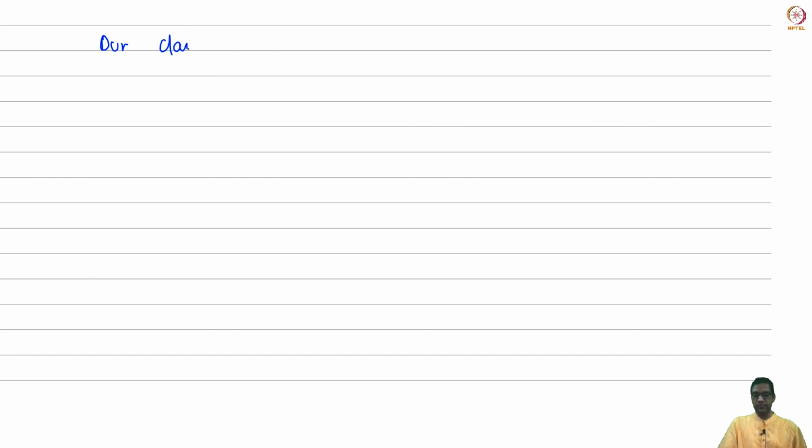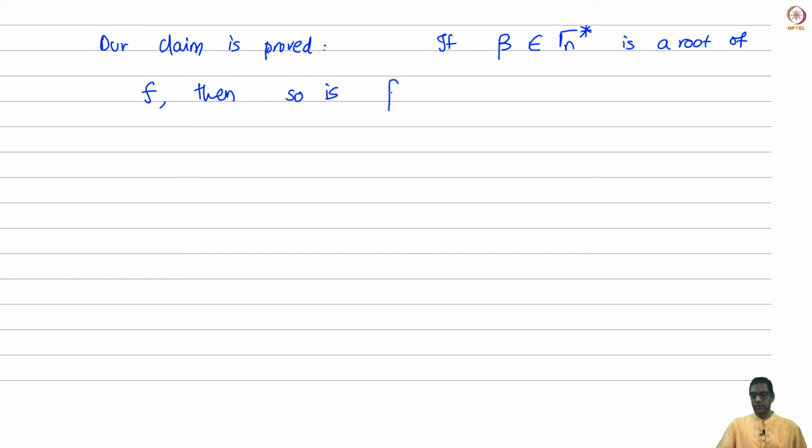What was our claim? Well, our claim was the following: if beta, some primitive nth root of unity, is a root of f, then so is beta to the power p, for all primes p not dividing n.